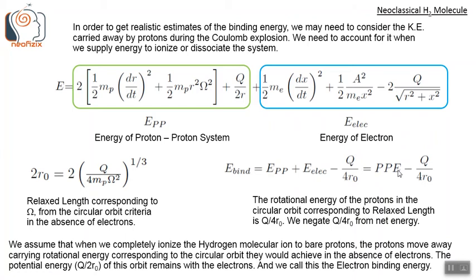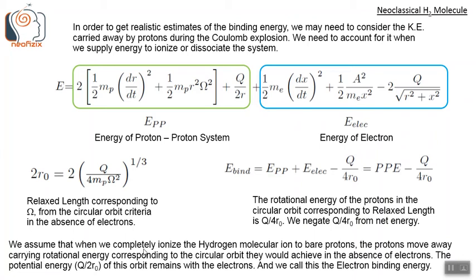This is the net energy of the three particle system, proton, proton, electron, shown as PPE here. And we negate Q by 4 R0, which is the kinetic energy term of the protons associated with the relaxed length R0, from the total energy, because this is carried away by the protons during dissociation.